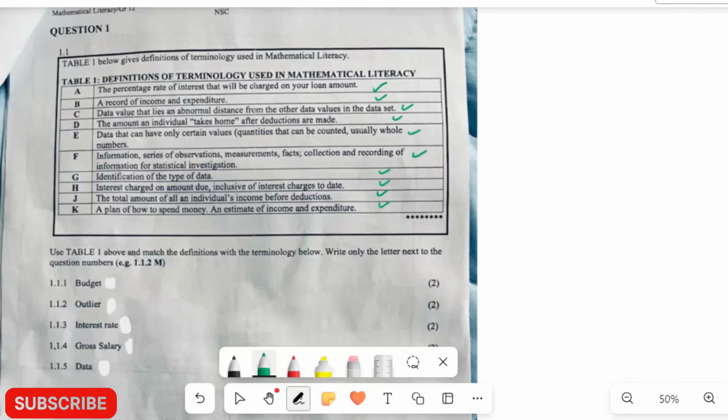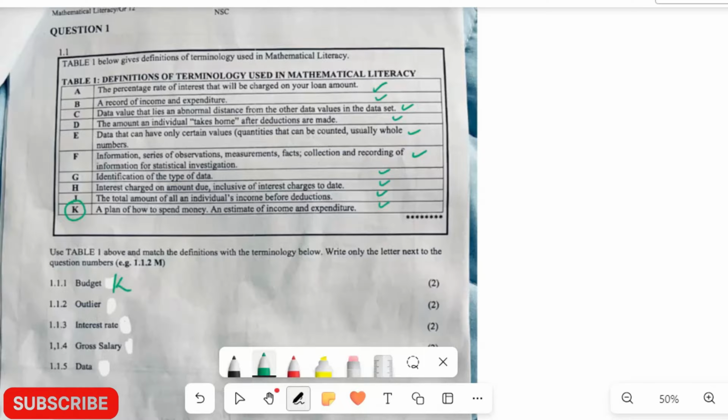Budgeting is planning how the money that you have earned, or the money that has been given to you, is going to be spent. And you're going to estimate the money that you have, the money that has come to you, and compare it to what you are going to spend it on, which is the expenditure. So that brings my conclusion to K. Budgeting is planning, so K is the correct answer.